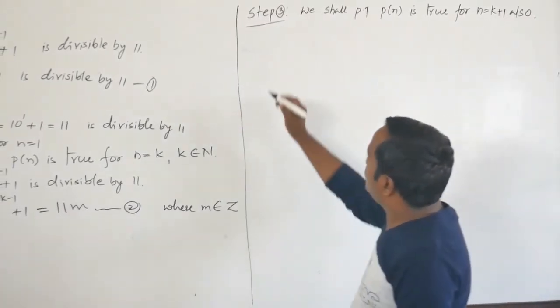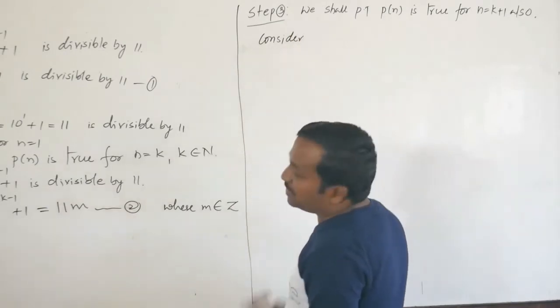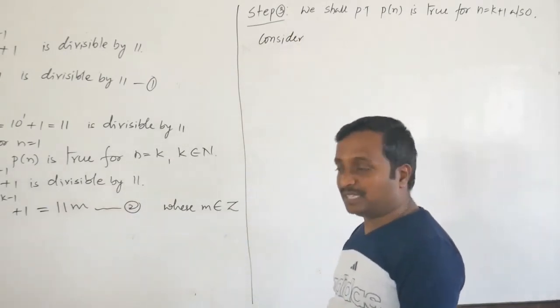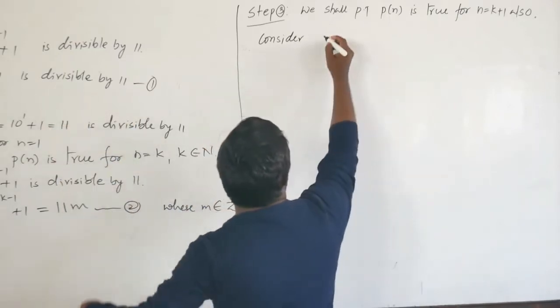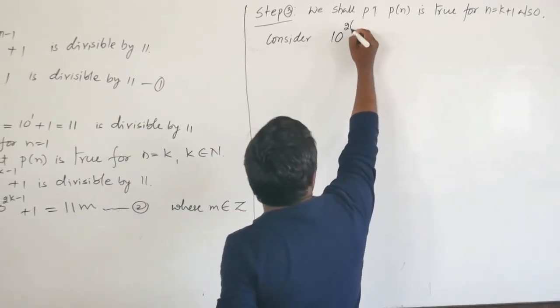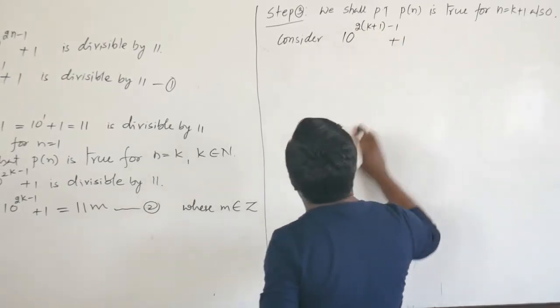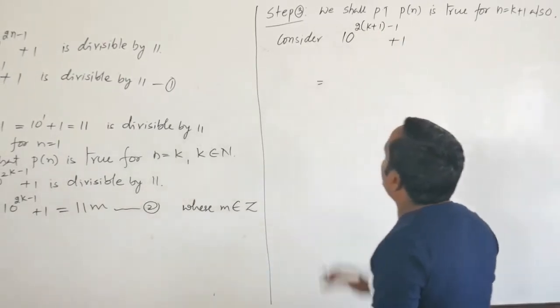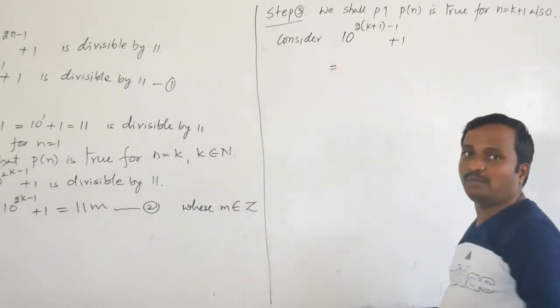So what do we have to prove? In step 3, for n equal to k plus 1, it is divisible by 11. So look, 10 raised to 2n, where n is k plus 1, minus 1 plus 1. We have to prove that this is divisible by 11.